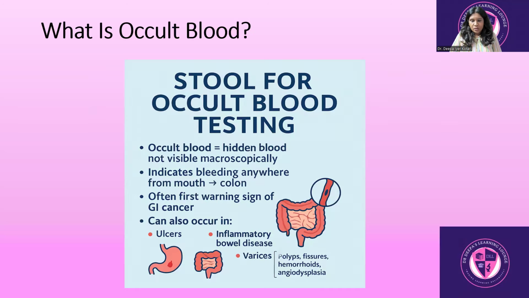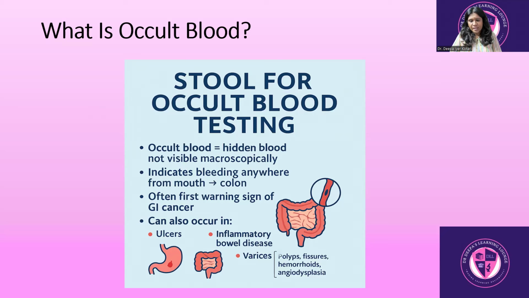So let's move on. Basically, what is occult? In English, the word occult means hidden or something that you cannot detect with the naked eye. So this is the blood or bleeding in the GIT that is not detected by the naked eye and requires a chemical or an immunological test for us to detect the occult blood.